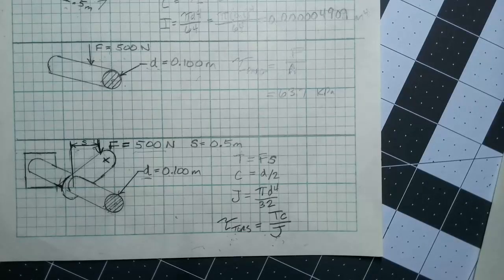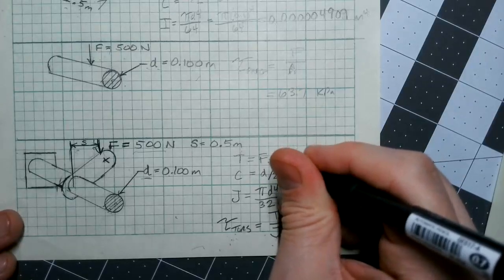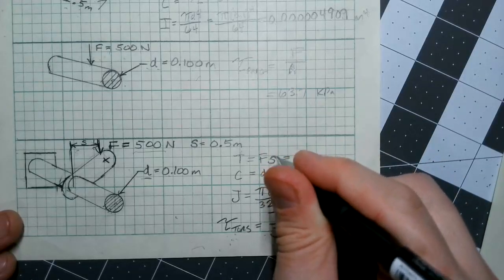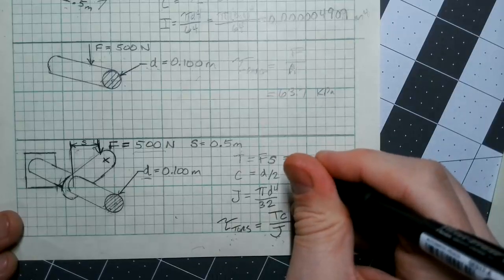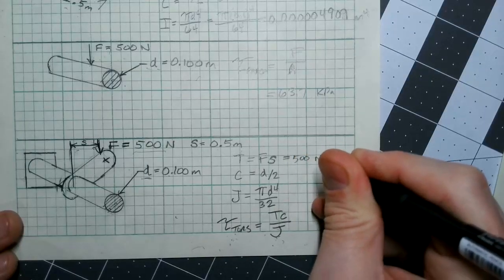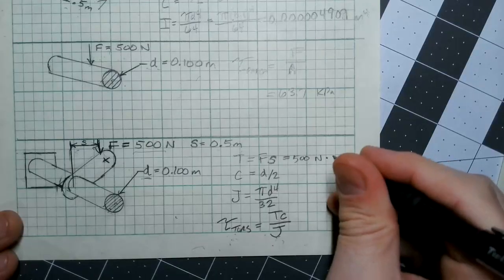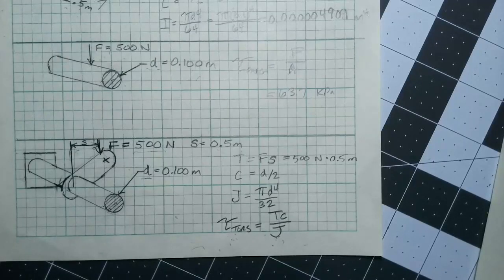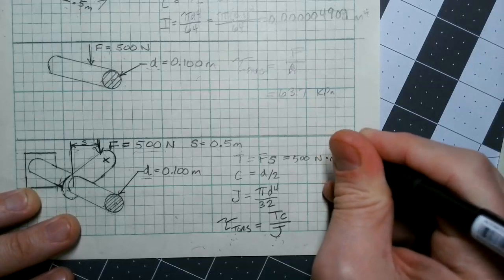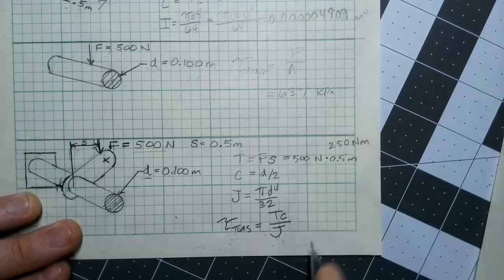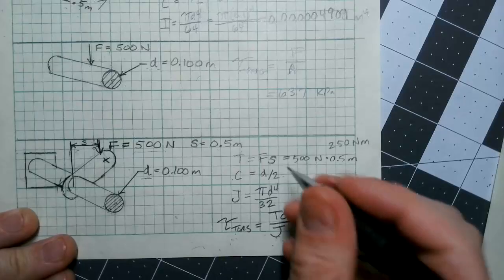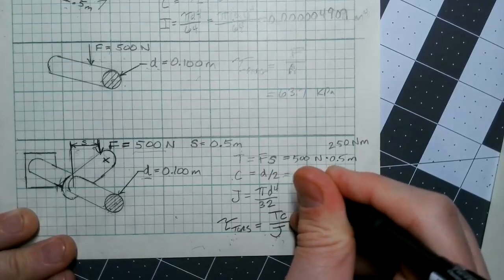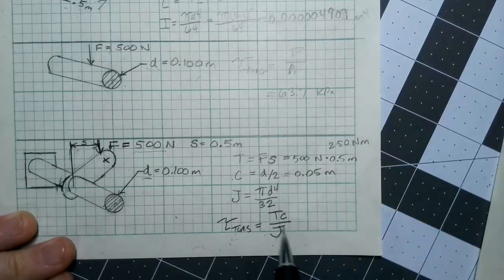Okay, so let's see how this solves. So the torque is the force times the distance at which it is applied. We have 500 newtons times 0.5 meters. So that comes out to be 250 Newton meters. I'm just going to jot that up here. 250 Newton meters. This is half of the diameter. We found this before. This is 0.05 meters.